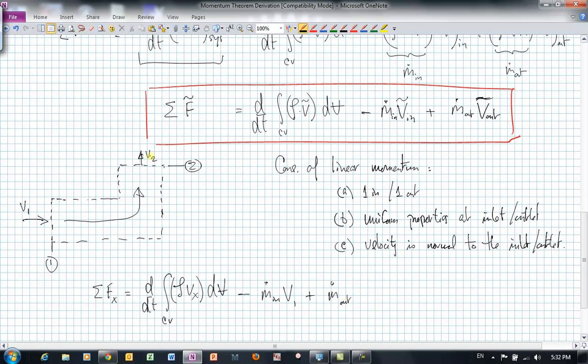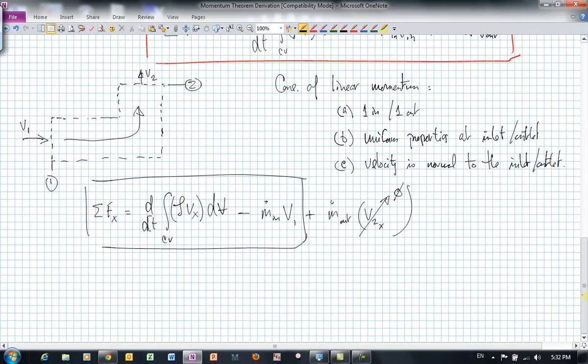However, V out in the x direction, V2 of x, is 0. So this term falls right out, and I'm just left with this equation for the sum of the forces in the x direction.